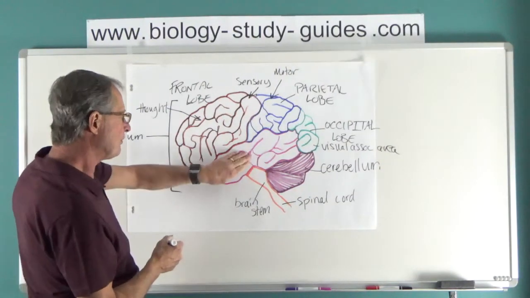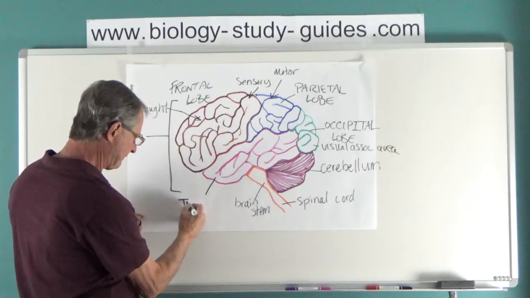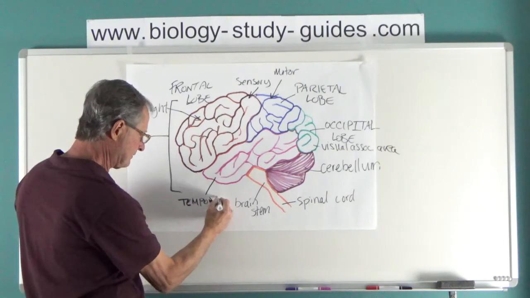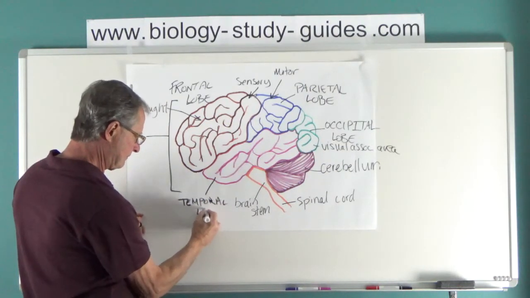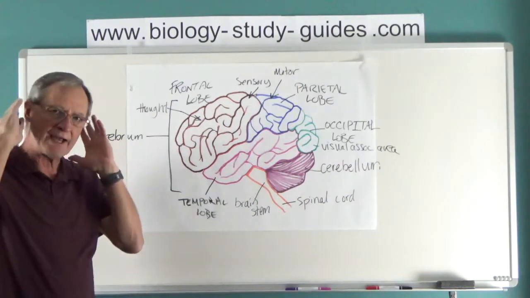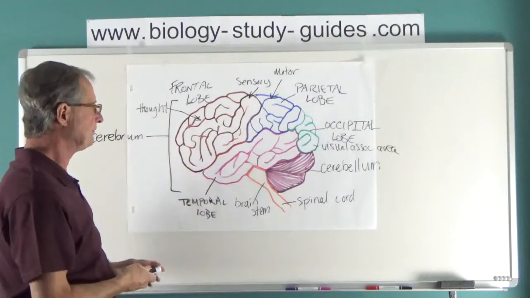One more lobe here, the one on the side, is the temporal lobe. Temporal lobe being on the side, logically it deals with things like hearing, for example.